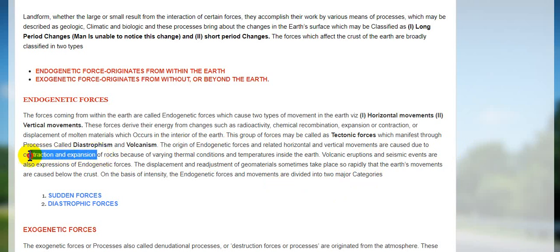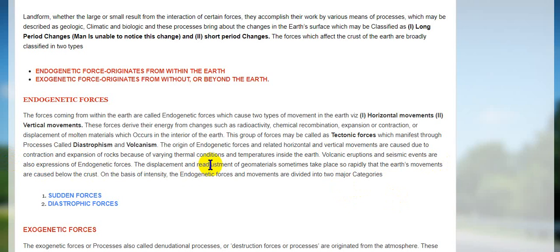The origin of endogenetic forces and related horizontal and vertical movements are caused by contraction and expansion of rocks because of varying thermal conditions and temperature inside the earth. Volcanic eruptions and seismic events are also expressions of endogenetic forces.